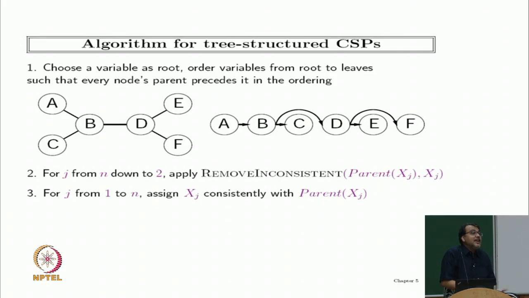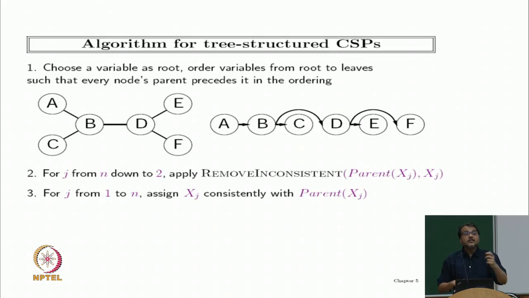So if there is no value of D for which E has some value, that means that the problem is unsolvable. Hopefully there are some values of D for which there is some value of E. If there is a value of D for which no value of E exists, I remove that value from D. And similarly I check D to F, and if for some value of D I do not have a value of F, I remove that value of D. So if I have any value of D remaining, what can I do?